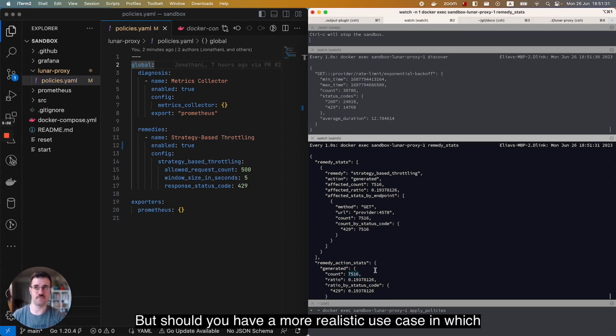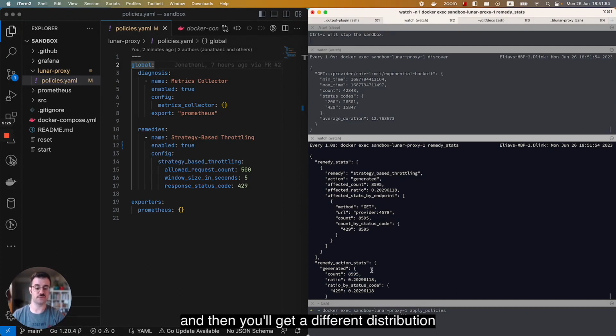But should you have a more realistic use case in which you have several remedies doing different actions, one remedy might be generating responses like what we did, like strategy-based throttling or response-based throttling, and another remedy might, for example, modify the request, like the account orchestration plugin.